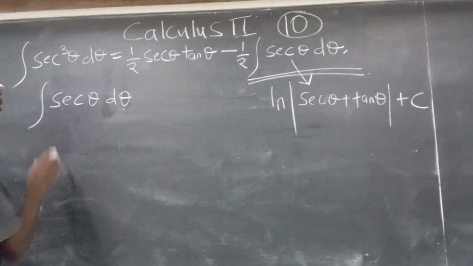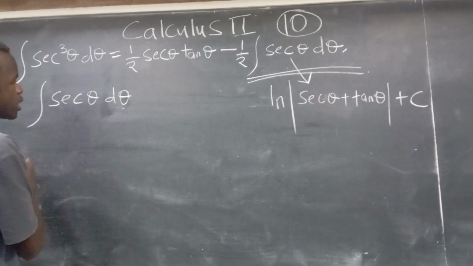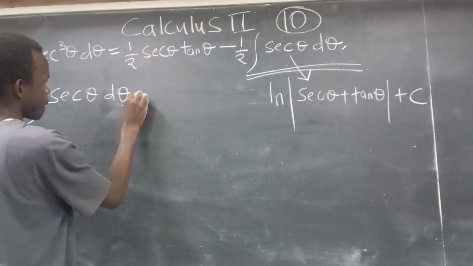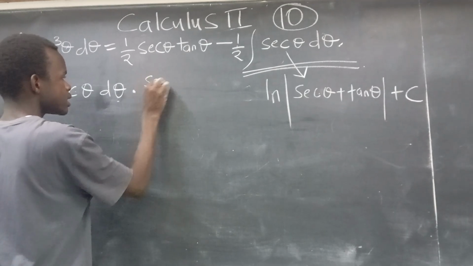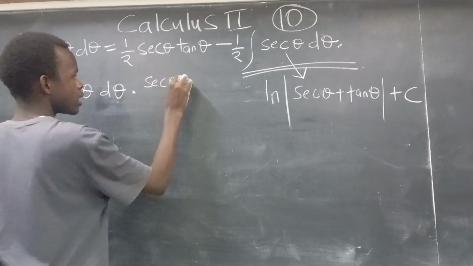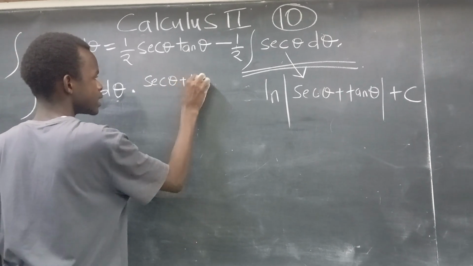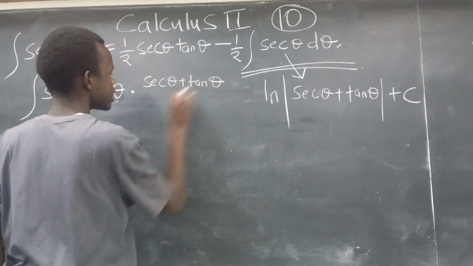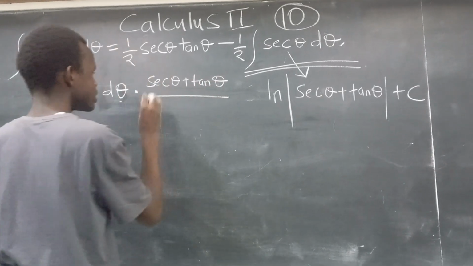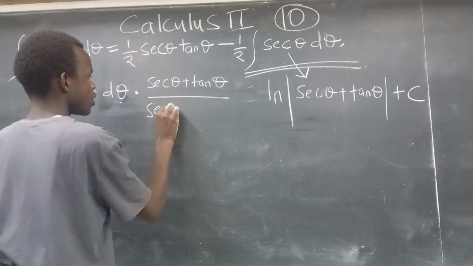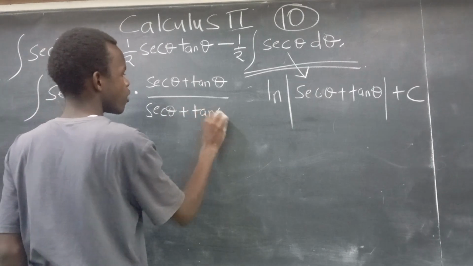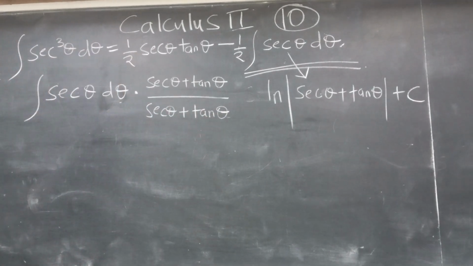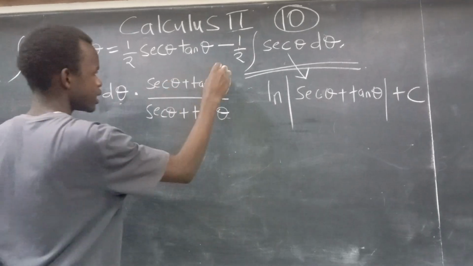Okay? When I'm told to integrate secant of theta d theta, you multiply that with secant of theta plus tangent of theta, then you divide it by the same secant of theta plus tangent of theta. Okay? So expand the bracket.